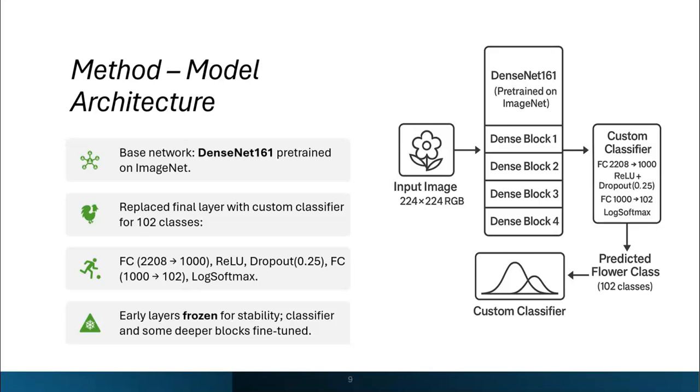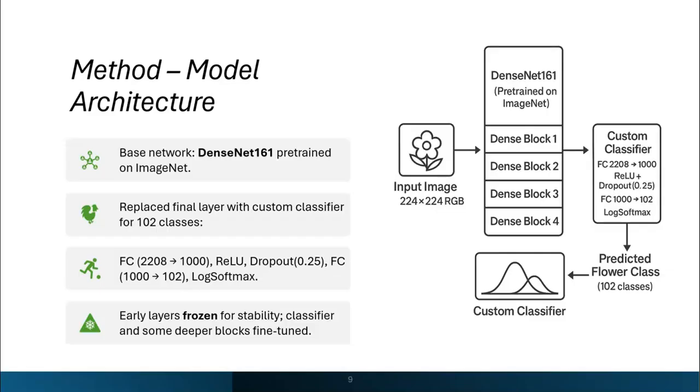Coming to the model architecture, our model is DenseNet 161 with ImageNet pre-trained weights. In a DenseNet, each layer receives feature maps from all the previous layers, which encourages feature reuse and helps gradient flow.